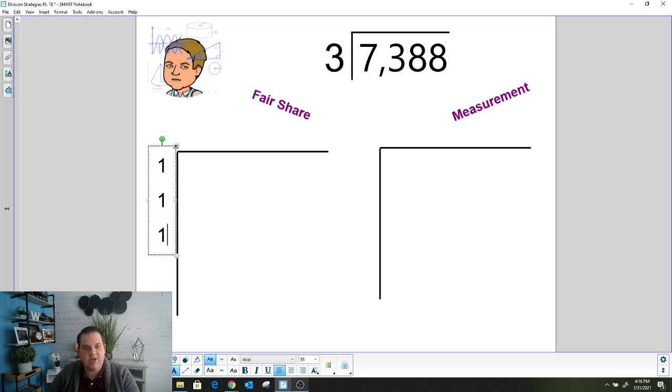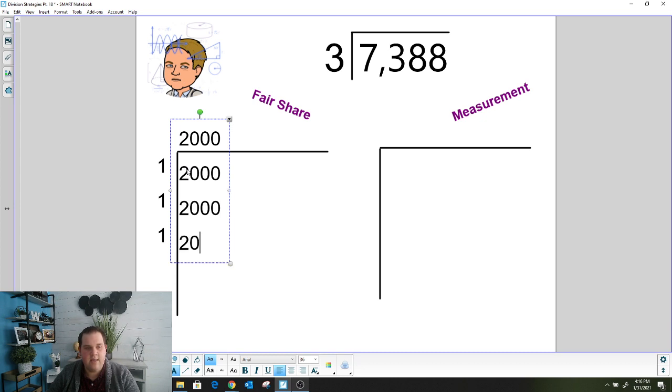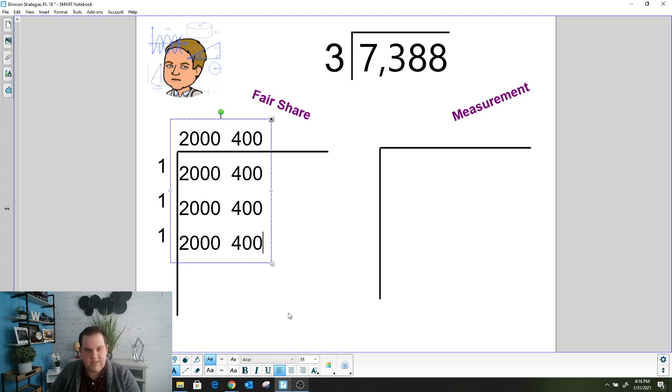I'm going to do the fair share strategy this time, and I'm going to start by putting in 2,000. And when I do that, I get 6,000 inside my array. And now I'm going to go ahead and do 400. And that gets me to 7,200 in my array.